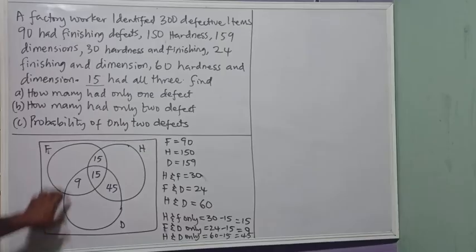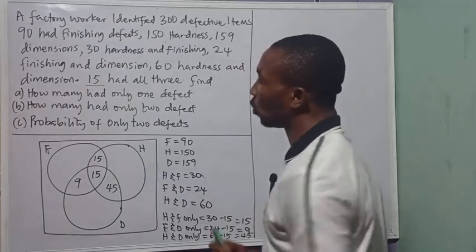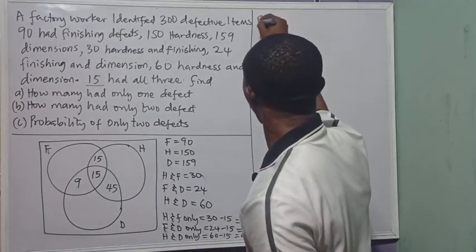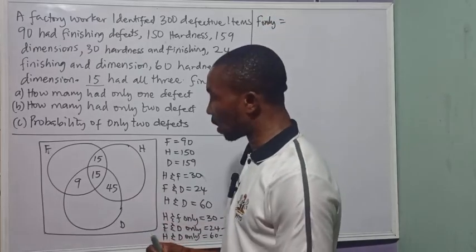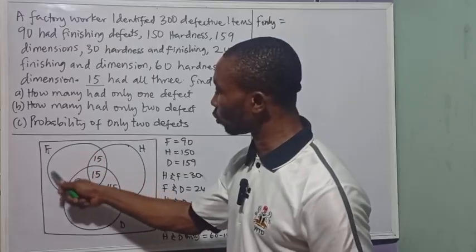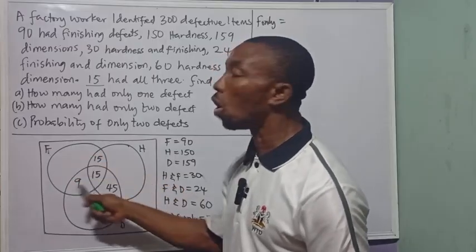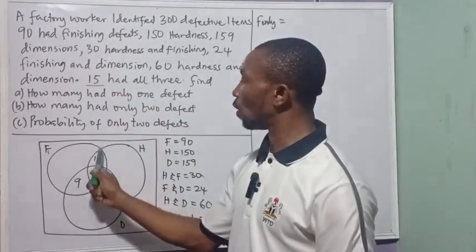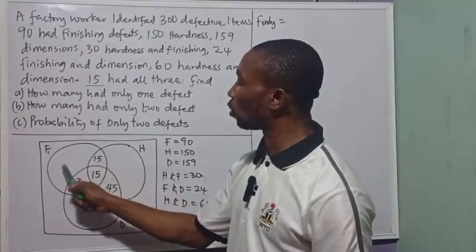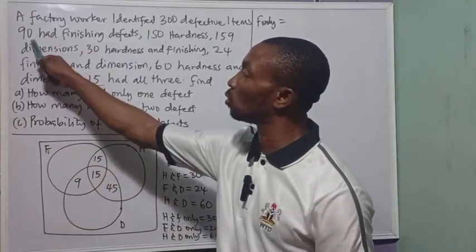Now for finishing only, F only, let's consider our F circle. All the figures in it should sum up to 90.